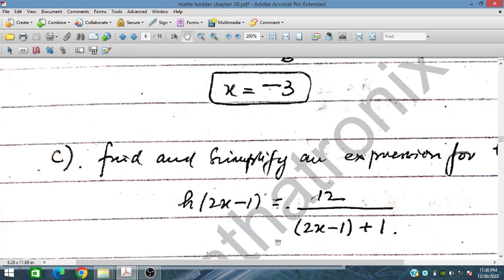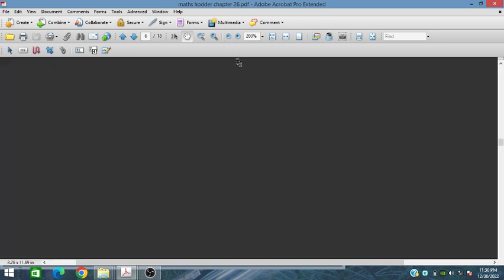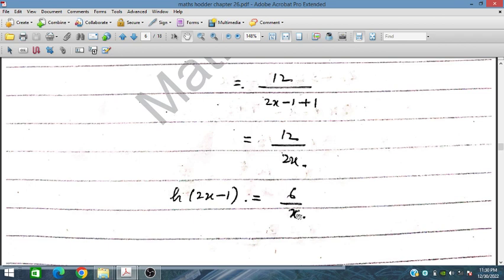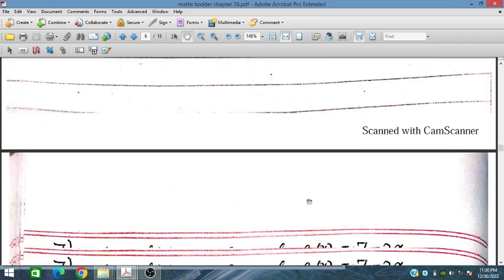Find and simplify an expression for h(2x - 1). In place of x we will write 2x minus 1. So this is 12, this is 2x minus 1 plus 1, and they cancel out, so we have 6 upon x. h(2x - 1) gives 6 upon x.